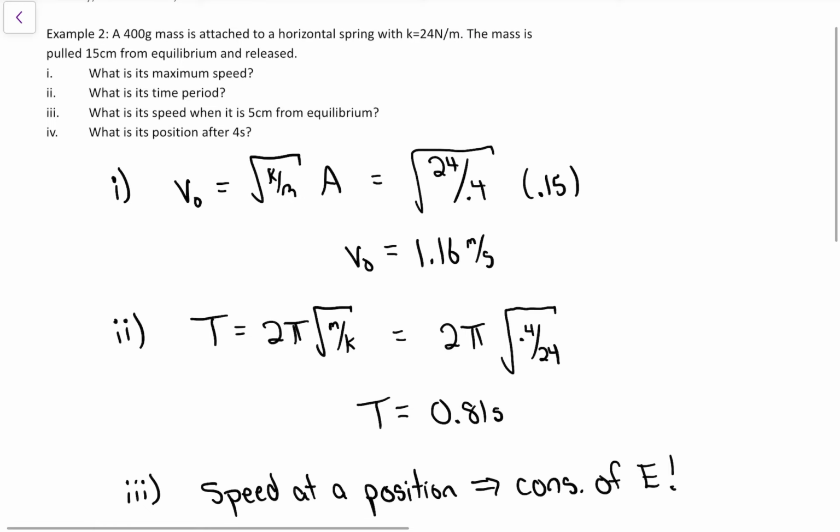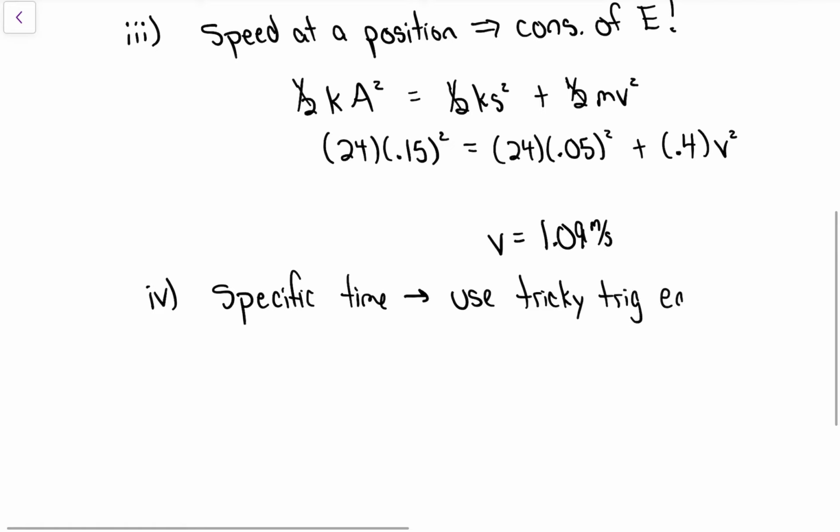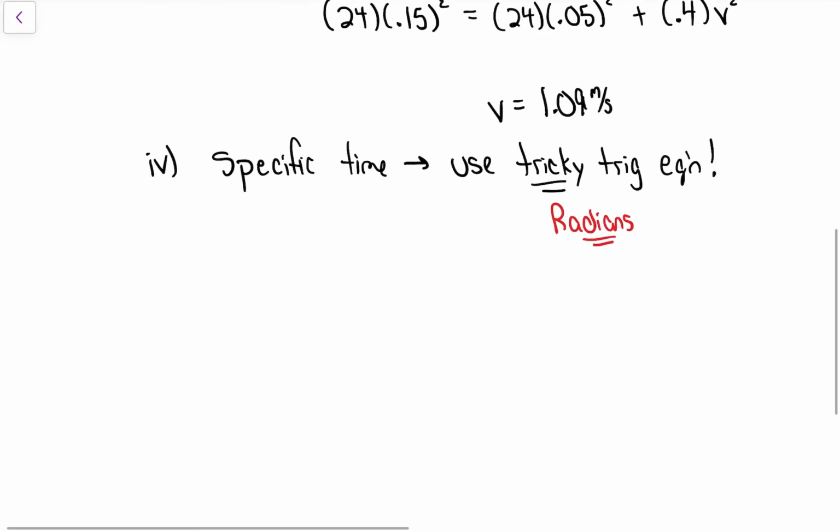Our last question asks, part 4, what is its position after 4 seconds? Whenever a question asks for something about a specific time, for those, use the tricky trig equations. I'm calling them tricky trig because you have to be in radians on your calculator. This is the only time in the whole course where it matters, but you have to be in radians for this equation to work.